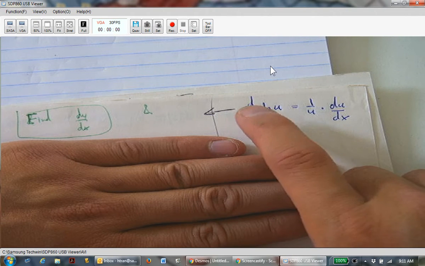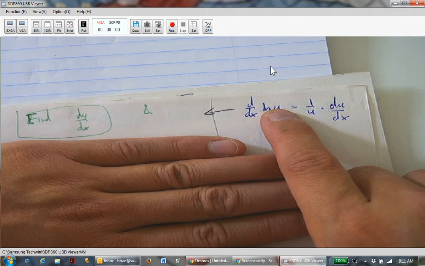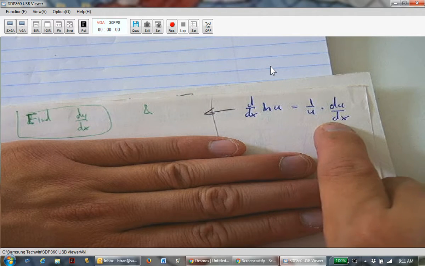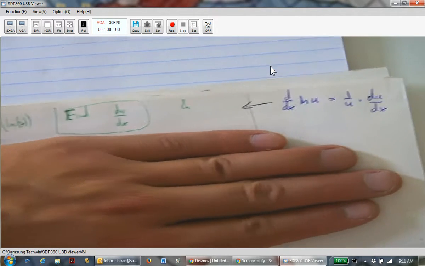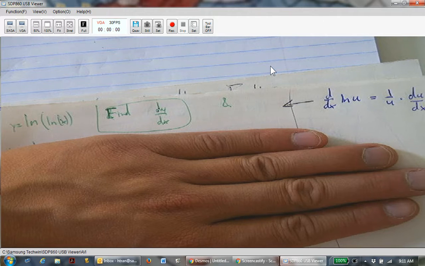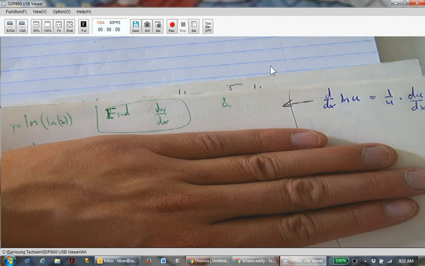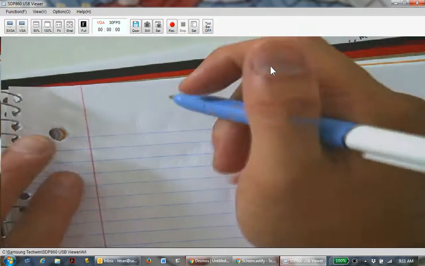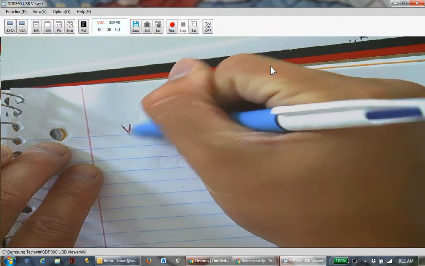So the derivative of natural log of u is equal to 1 over u times du/dx. Do you want me to walk you through this one? Okay, let's walk through this.